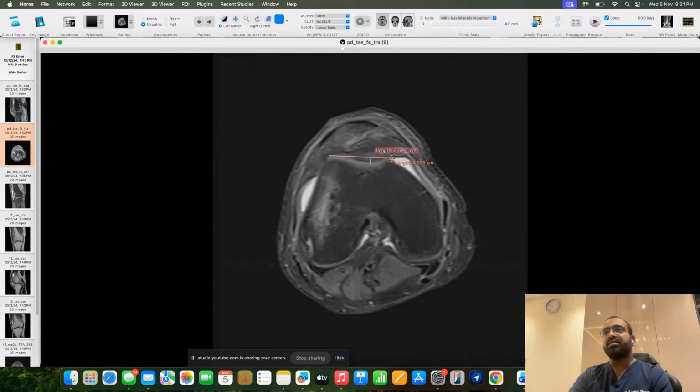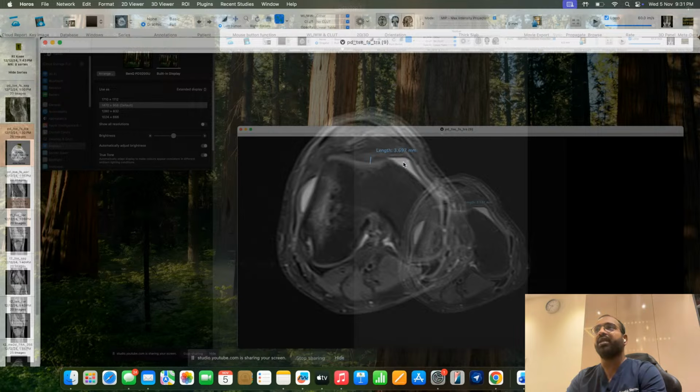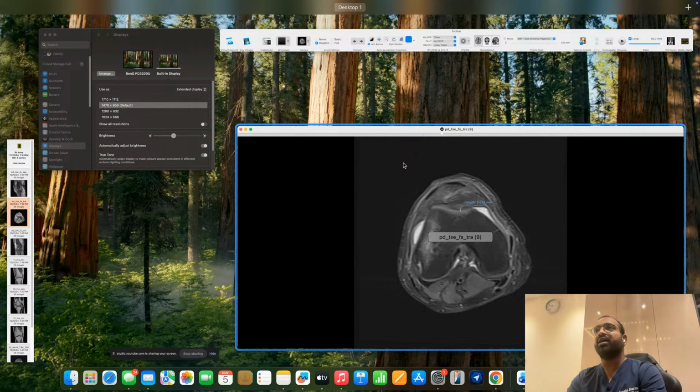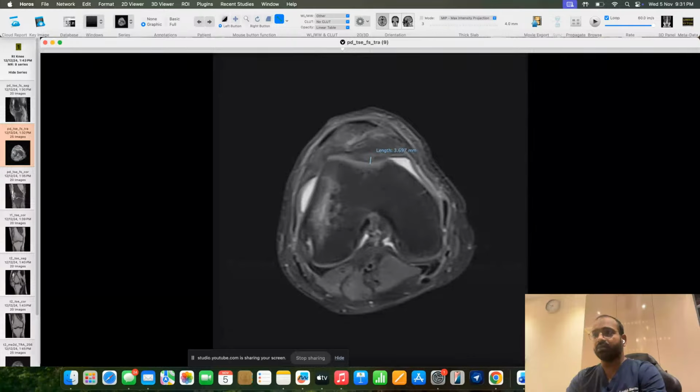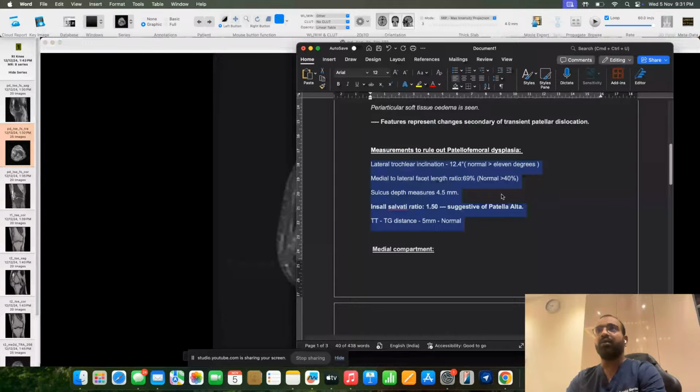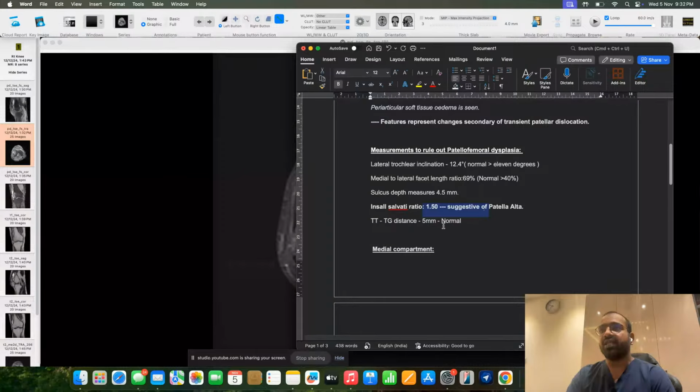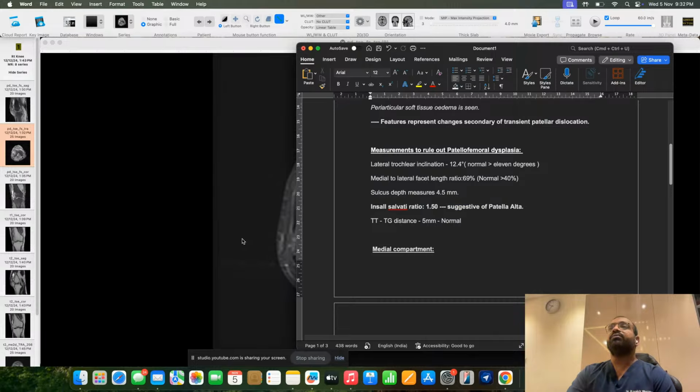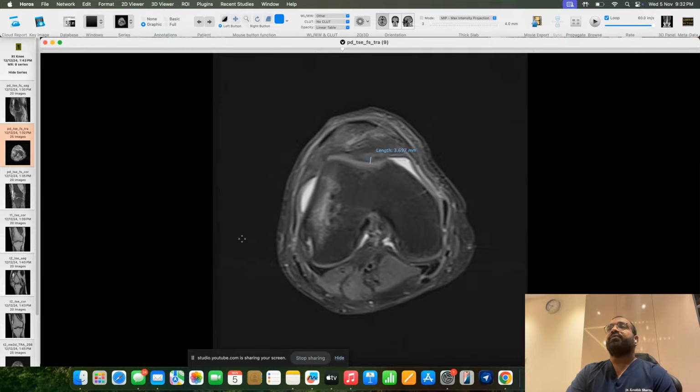And next comes the lateral trochlear inclination. I'll show you. These are the measurements we need to give: lateral trochlear inclination, which usually is more than 11 degrees, medial to lateral facet ratio, Insall-Salvati ratio, TT-TG distance. So how is my lateral trochlear inclination here?